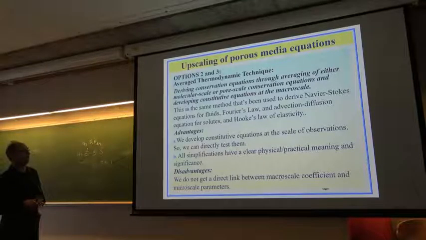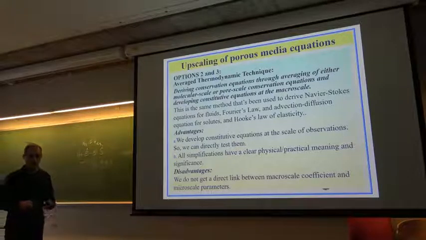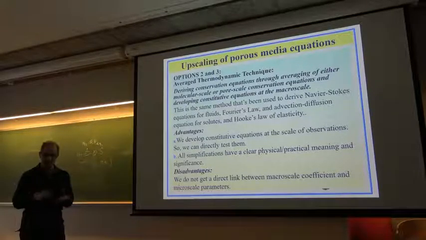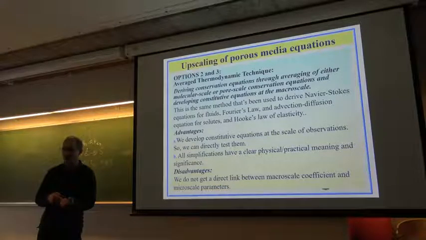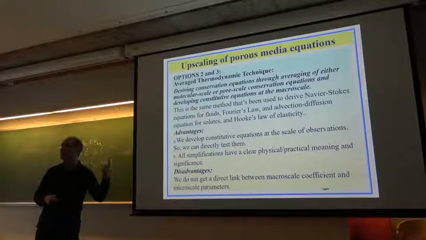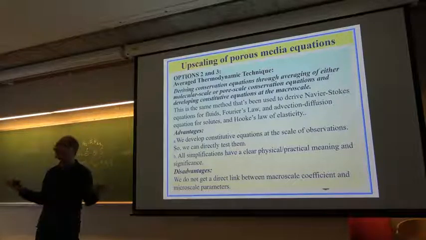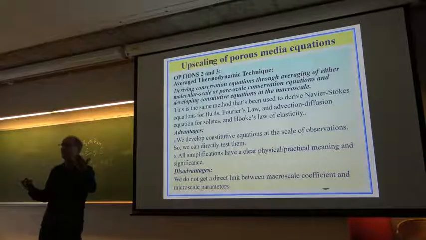The advantages are that we develop the constitutive equation at the scale of observations, because there was this discussion yesterday. At the pore scale, water is viscous. But at the Darcy scale, we actually treat water as non-viscous at the macro scale.